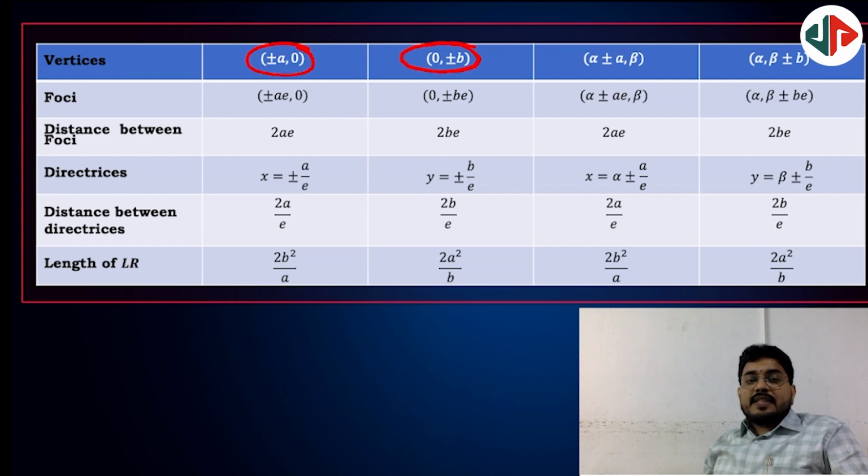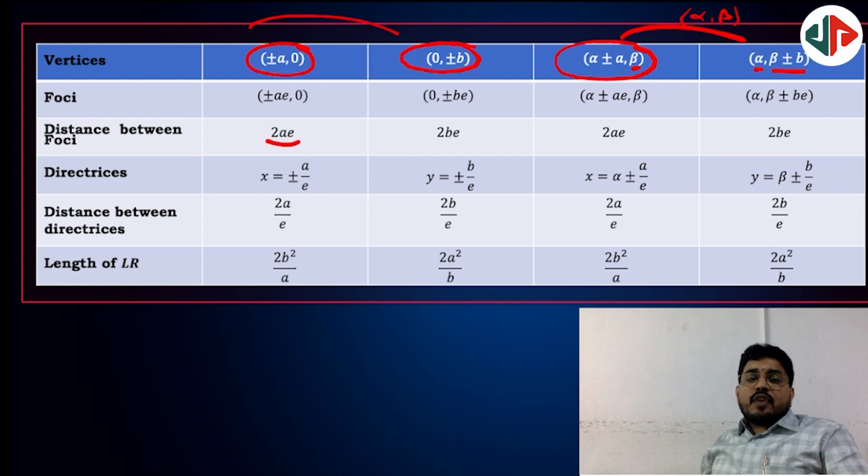For this one, 0 comma plus or minus b. Here alpha plus or minus a comma beta. Here alpha comma beta plus or minus b. Everywhere, because for these two the center is 0 comma 0, for these two the center is alpha comma beta. So we need to add alpha beta accordingly.